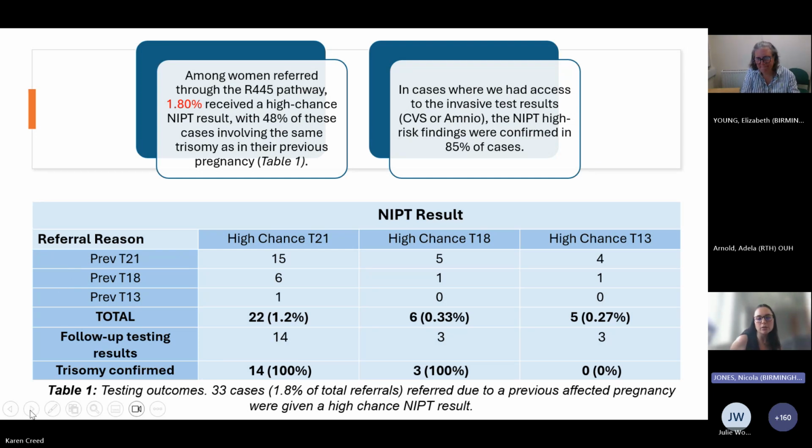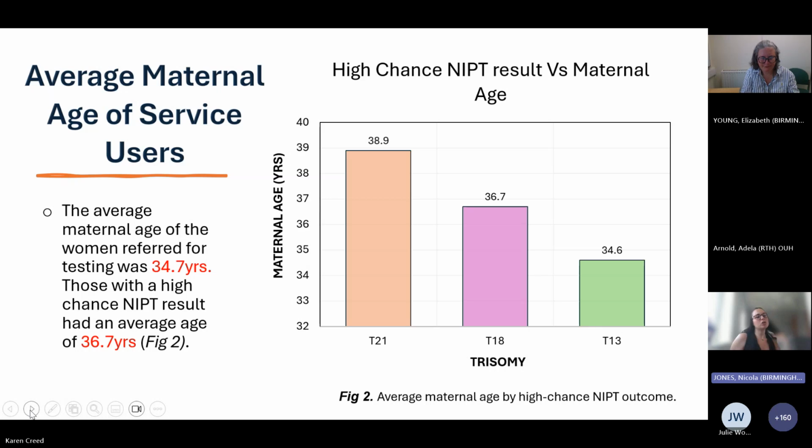Next slide, please, Karen. Then we looked at the average maternal age of the people accessing this service. Across the whole cohort, the average maternal age was just under 35 years, and those who received a high chance NIPT result had an average maternal age of just under 37 years.